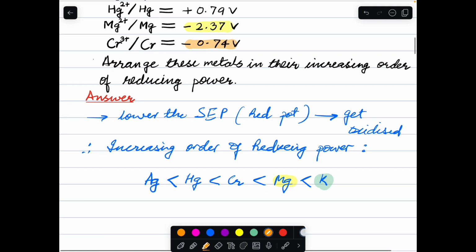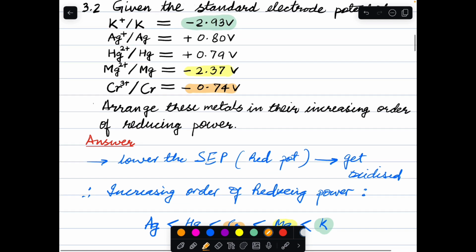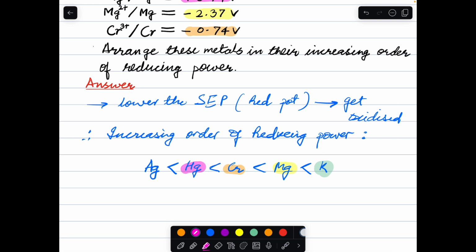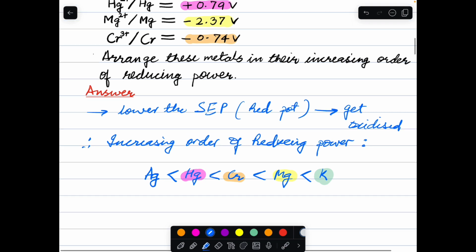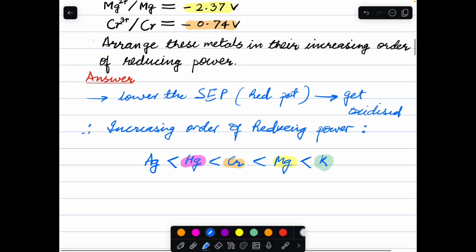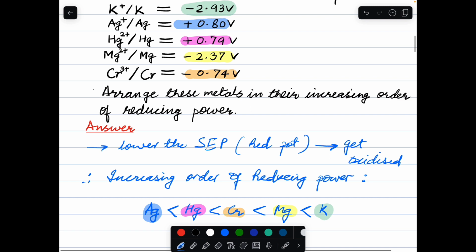After this, the remaining two values are positive. The lower positive value is for mercury, so we have mercury in the next position, and silver has the highest positive value of standard electrode potential, that is reduction potential. So this is how we are able to find the answer with respect to the values given.